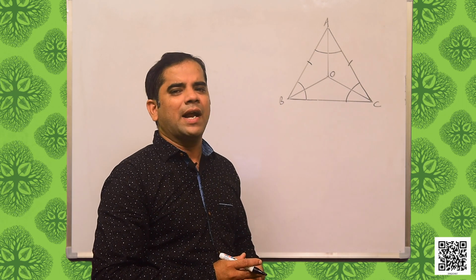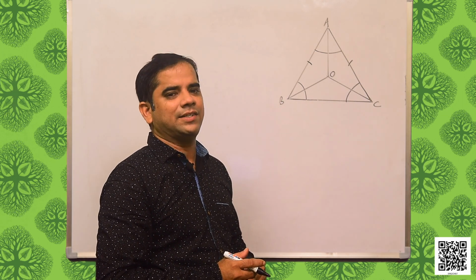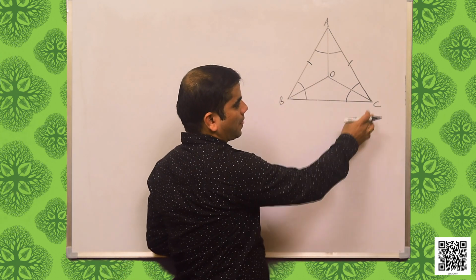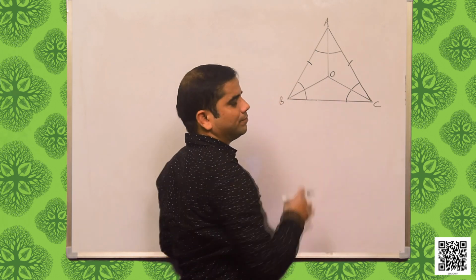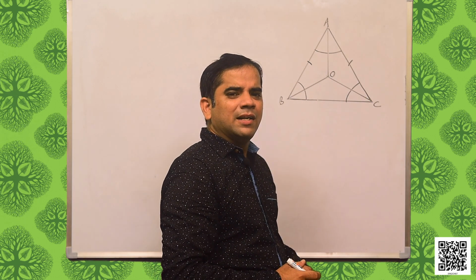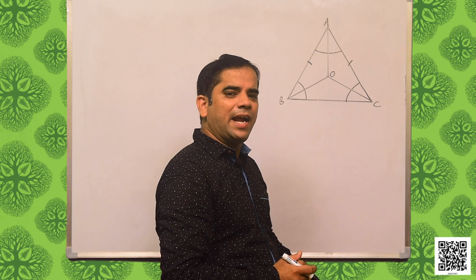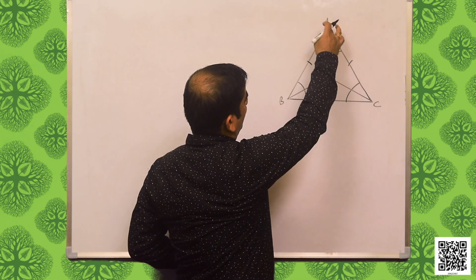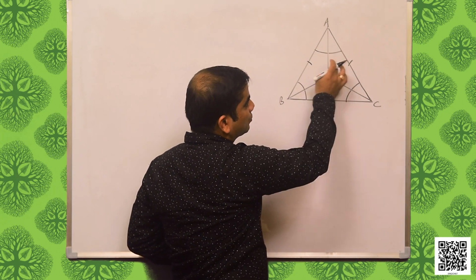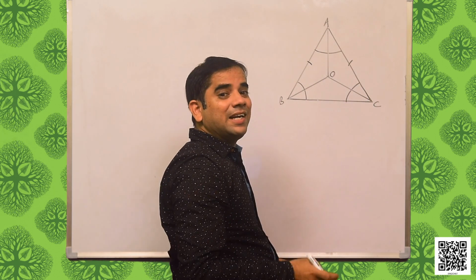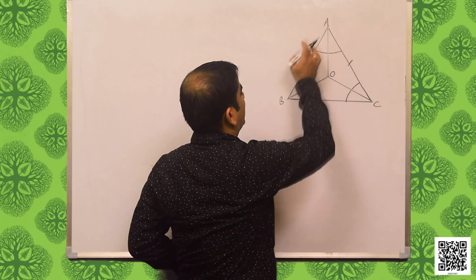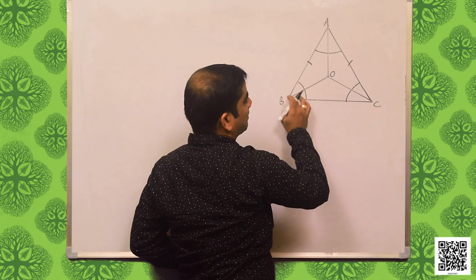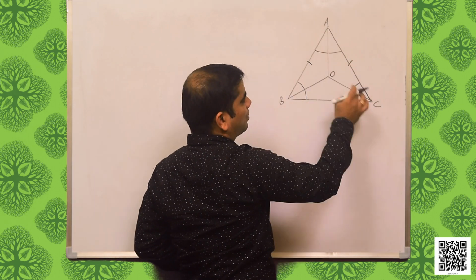The bisectors of angle B and angle C intersect each other at O. Bisector of angle B, that is BO, bisector of angle C, that is CO. And the instruction is to join A to O. That means we now have three triangles inside triangle ABC, those are AOB, BOC and AOC.